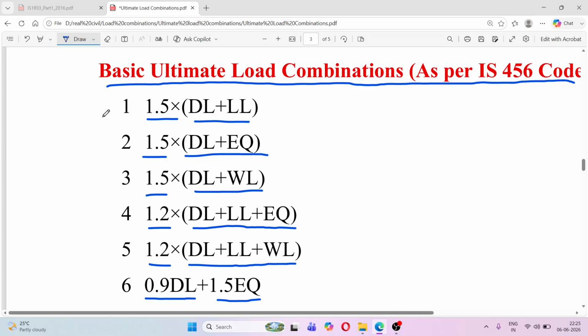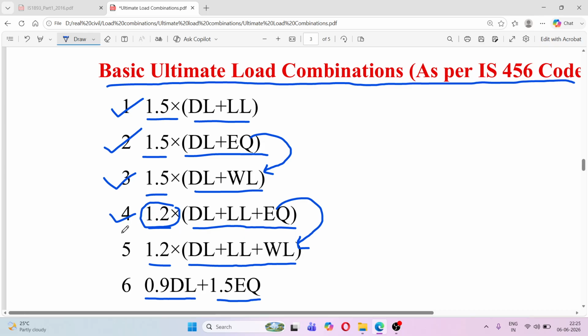So basically this first case is 1.5 dead load plus live load, and then second case 1.5 dead load plus earthquake. Then we substitute this earthquake case with wind load, so that becomes our third case. In fourth case, dead load plus live load plus earthquake, and the factor is 1.2. Now we have considered 3 load cases, and similarly this earthquake case will be replaced by wind load.